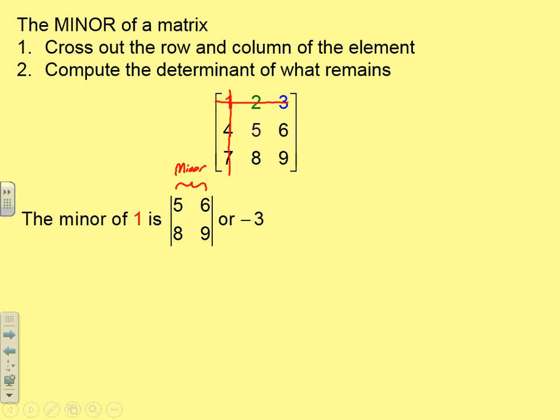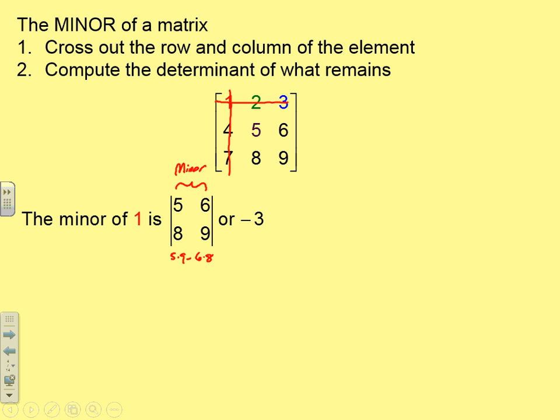And if I find the determinant of that minor matrix, I get negative 3 in this case, because what I'm looking at is 5 times 9 minus 6 times 8. Well, 45 minus 48 is negative 3. So that's where that number negative 3 comes from. So the negative 3 is actually the minor of element 1. All right.